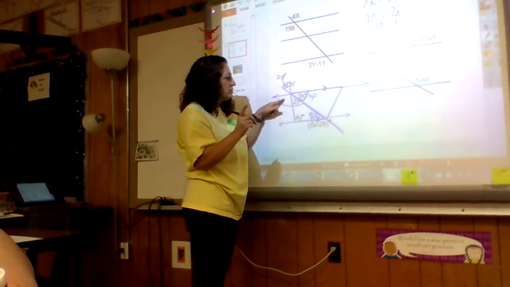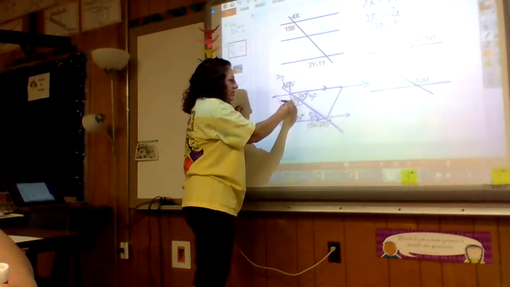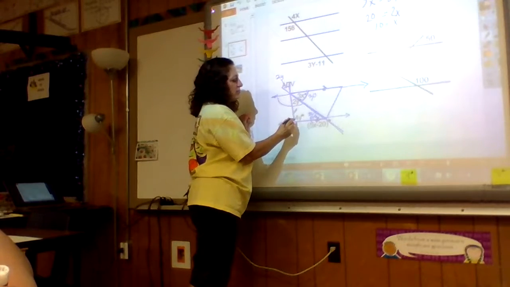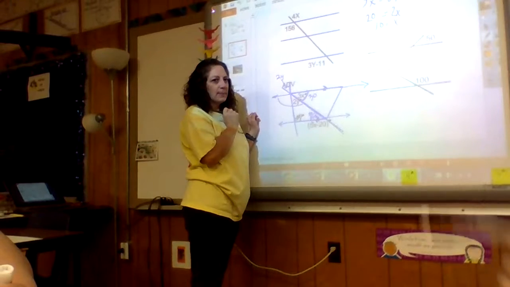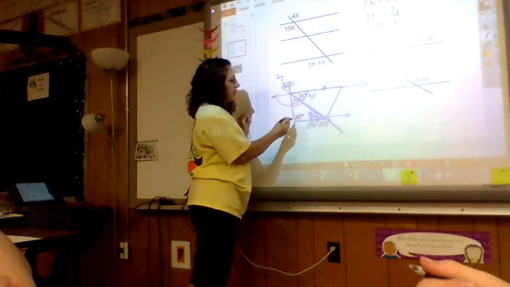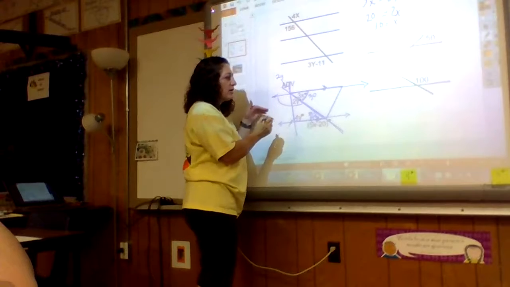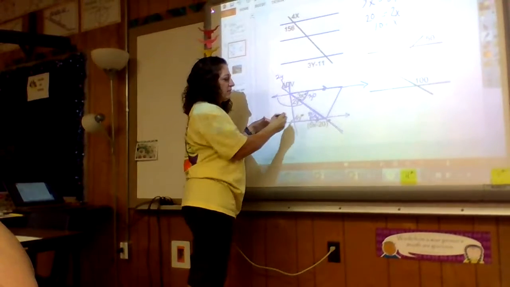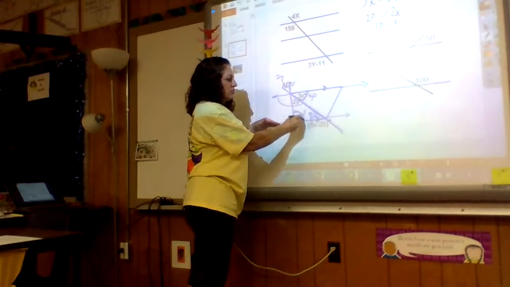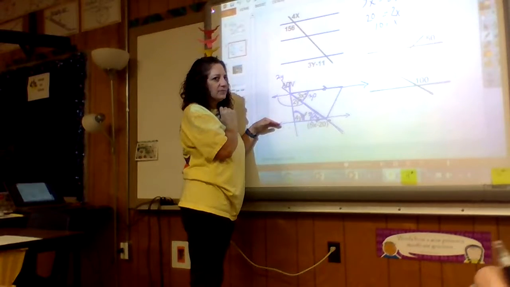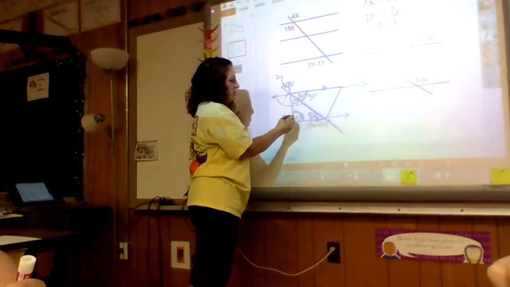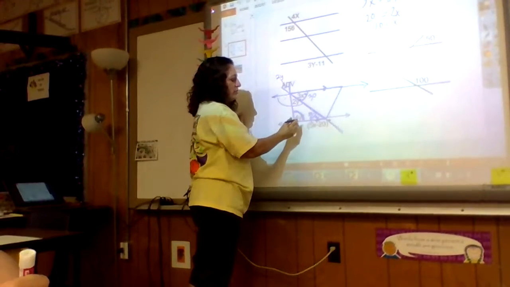But we're getting close. Use this line right here. Do you see a relationship to where the 4y could go? Vertical. Yes. What about by the parallel line? Does it have an alternate interior angle? Oh, yeah. Use the line here; there's more than one way to do this.